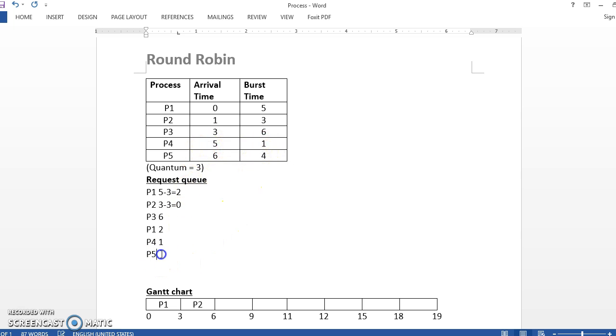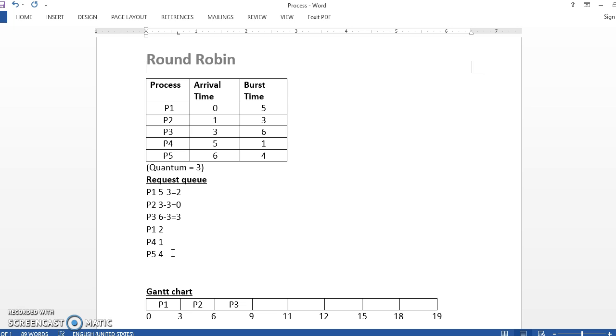Next in queue is P3, so we execute P3 from 6 to 9 seconds, which leaves P3 with remaining time of 3 seconds. P3 has not been completed fully.